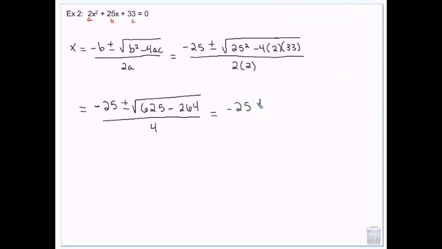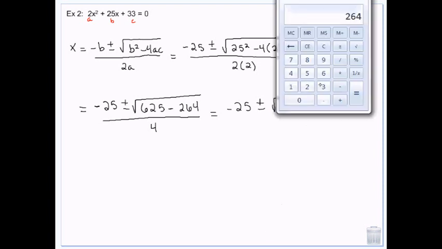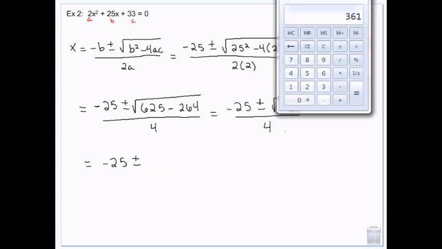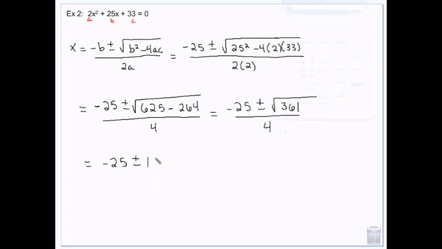So I have negative 25 plus or minus the square root of 361 over 4. I think that's 19. Yes, it is. So I have negative 25 plus or minus 19 over 4. So it's negative 25 plus 19 divided by 4, and negative 25 minus 19 divided by 4.